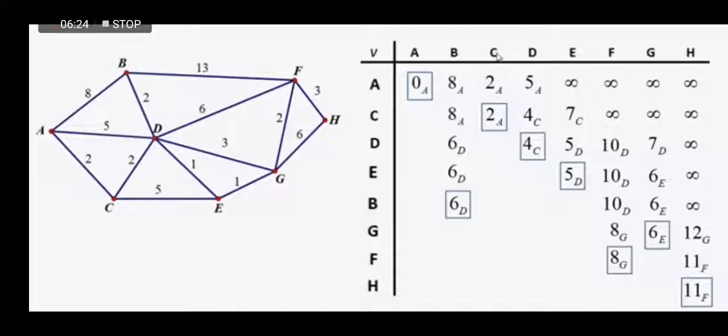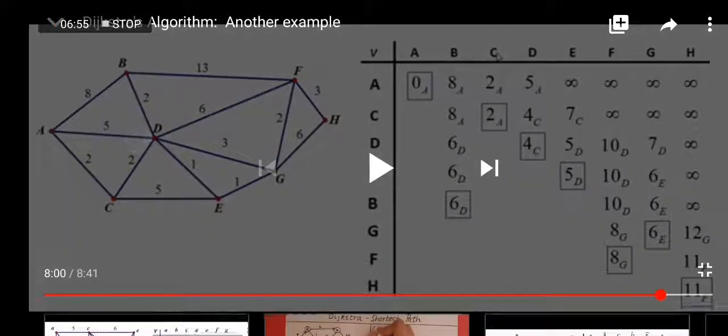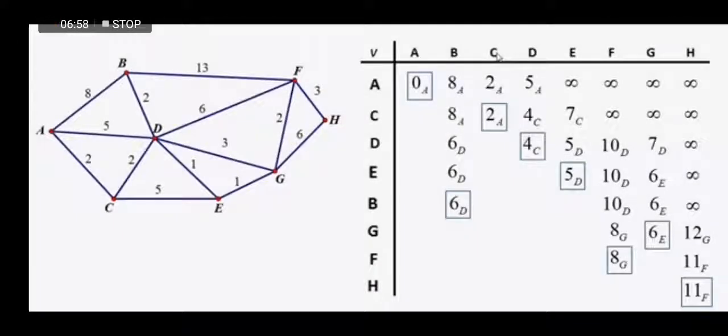As you can see, the number under vertex B when we are considering D is 6. 6 because if we count from A to C and then to D and then vertex B, the length will total 6.